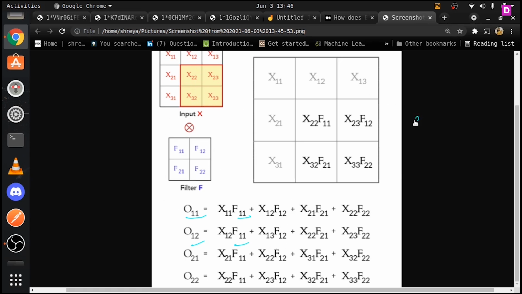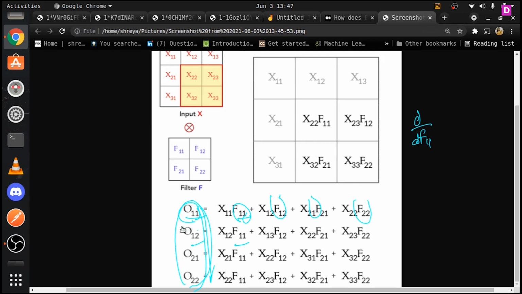So finding the differentiation with respect to the filter value is going to be more difficult or different than this. In that case, we differentiate all the values of O with respect to the same F11. Then we differentiate all the values of O with respect to F12 this time. Then we differentiate all these with respect to F21 and then F22.